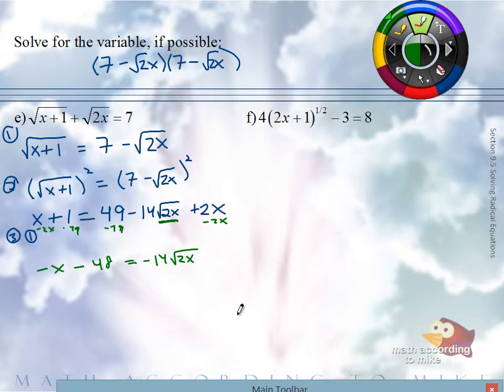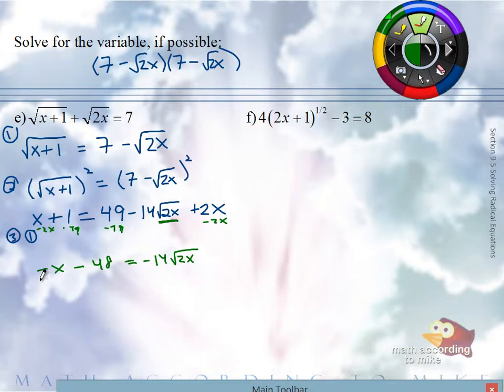So let's talk about that. To truly isolate that radical, we'd have to divide everything by negative 14. The bad thing about that is we would have fractions, and when we go to square, we'd have to FOIL on the left-hand side with fractions. So what I'm going to suggest is let's at least make our life a little bit easier.